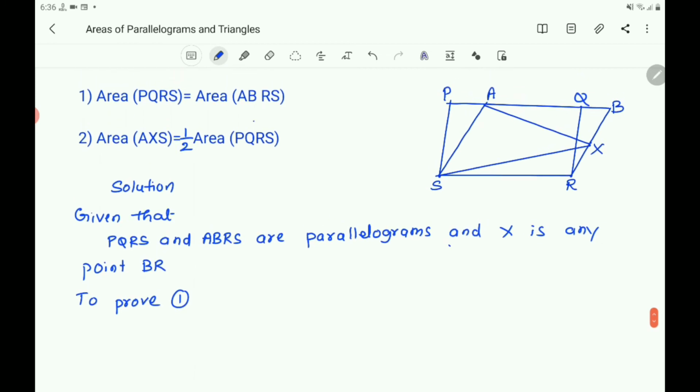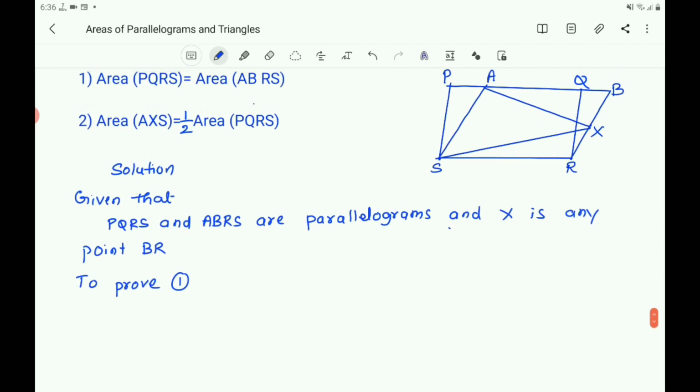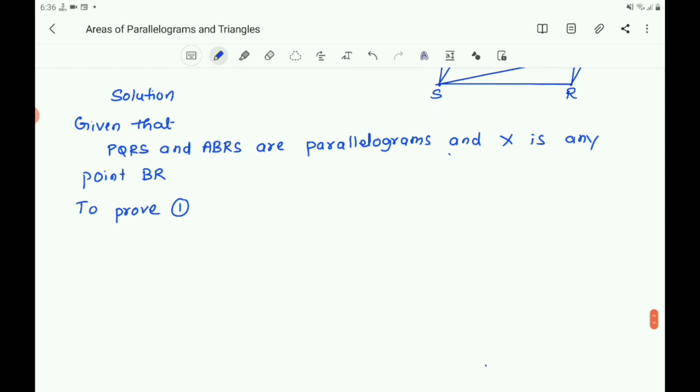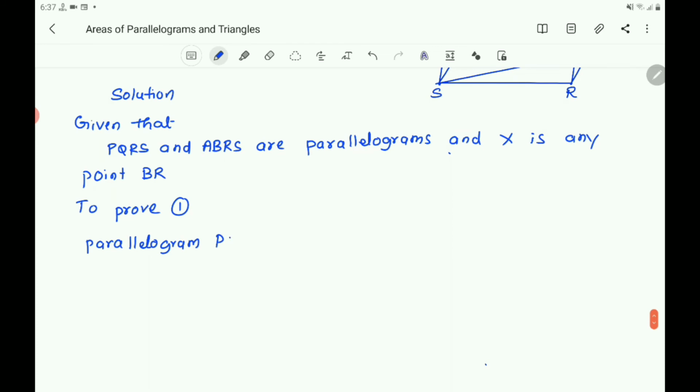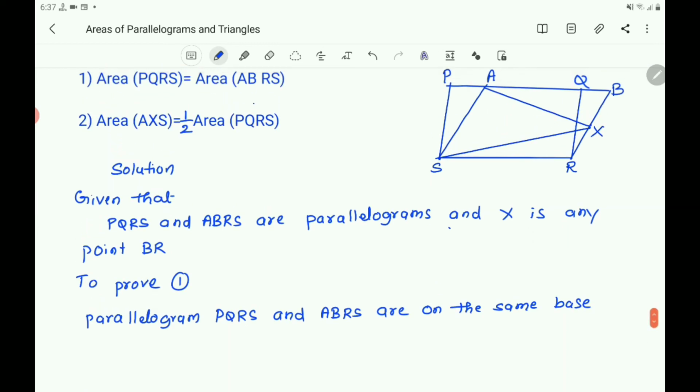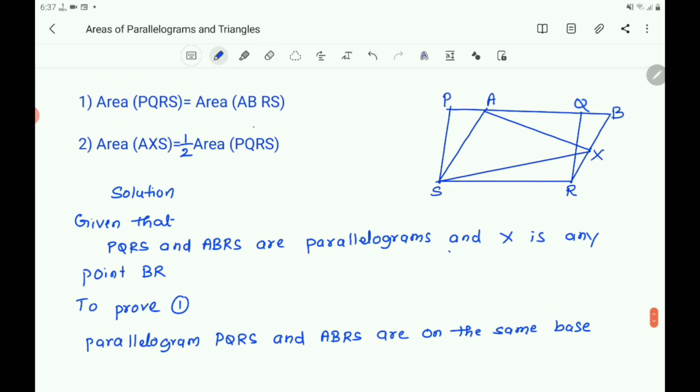So you write that two parallelograms are on the same base and between the same parallels. So you write that parallelogram PQRS and ABRS are on the same base, which base?